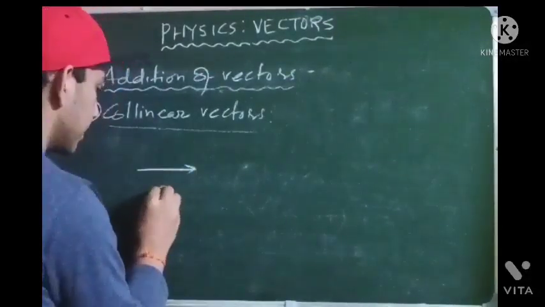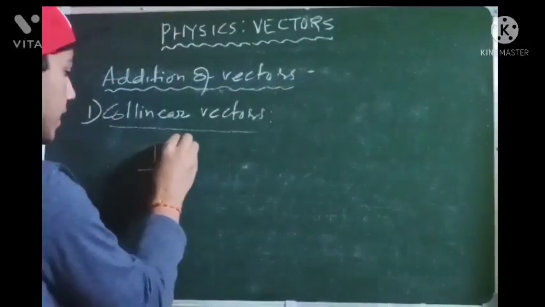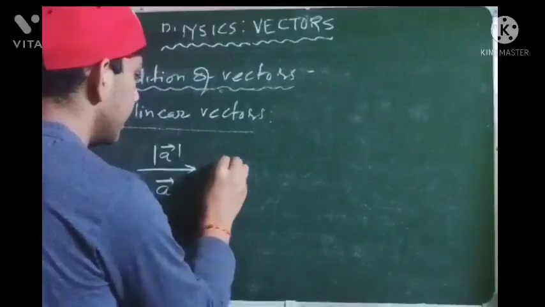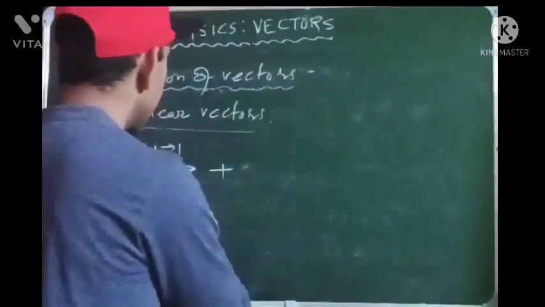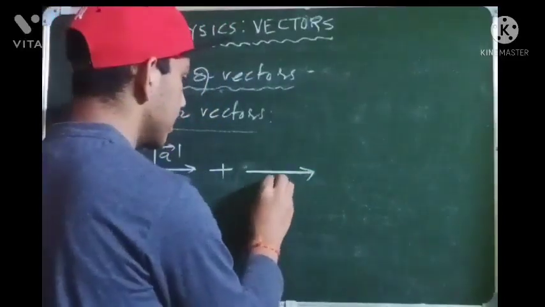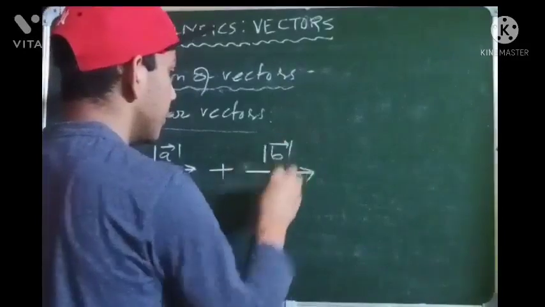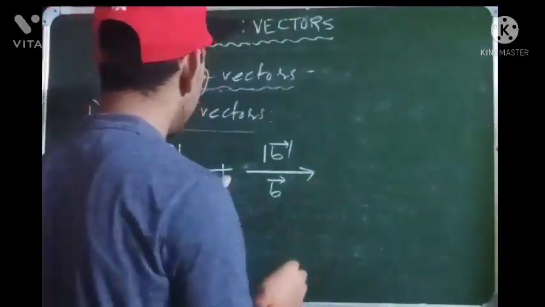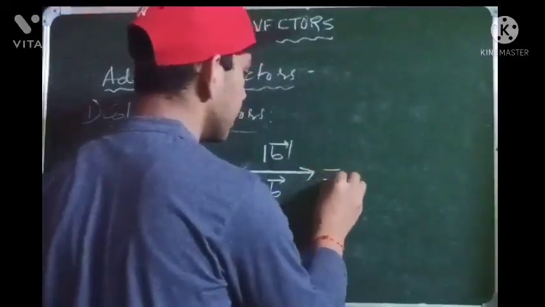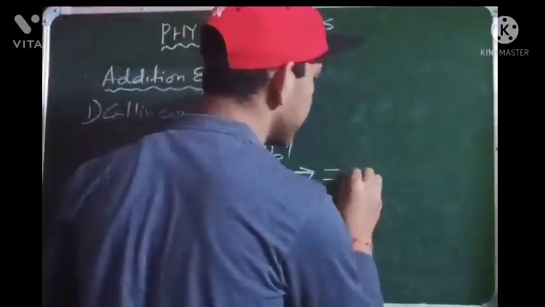Suppose we have this vector A vector and its magnitude be mod of A vector, and we have to add this vector with another collinear vector, which is B vector, and its magnitude be mod of B vector. Then the result of this summation is going to be both these magnitudes get added up.